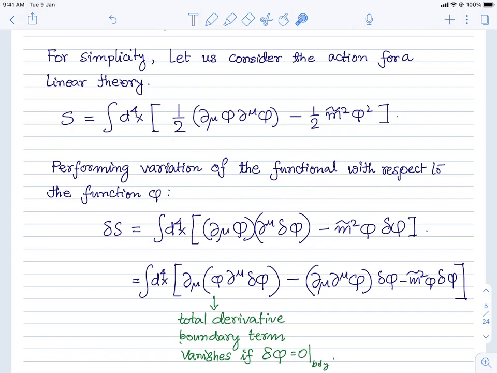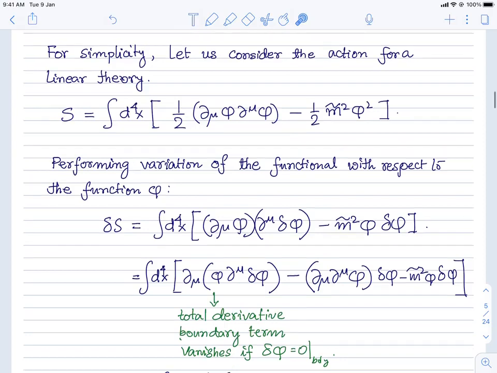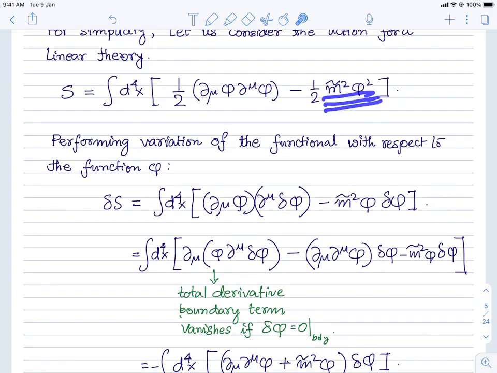That gives me a factor of 2 which cancels the half, and therefore the variation goes inside one of these derivatives, and then this m square phi square term also, there's a phi square, so when you do a variation, this gives you twice phi del phi, and that too cancels this half here. Okay, so very good.